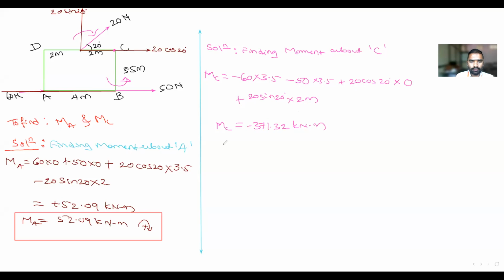So the moment about C is equal to 371.32 kilonewton meter. Is it clockwise or anti-clockwise? Anti-clockwise, that is negative.